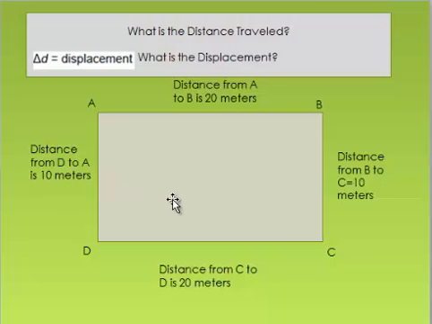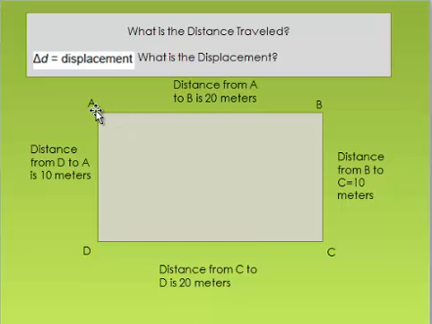So I have this square. Let's, for example, say that this is a square block in a town that either you live in or that is next to where you live. And we want to find what is the distance traveled and what is the displacement.